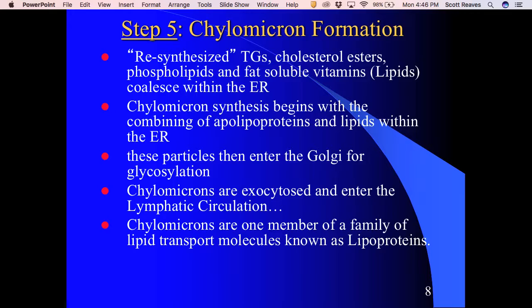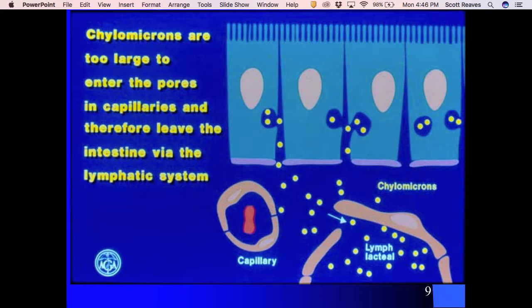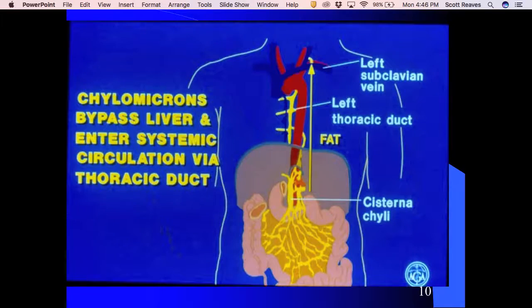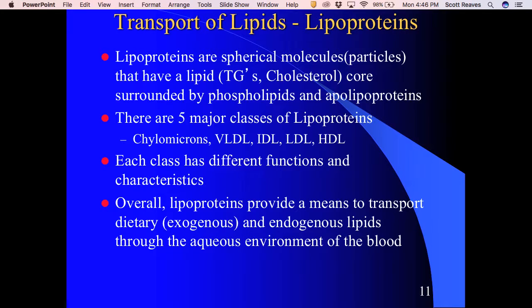So other members of that family include HDL and LDL. So chylomicrons are part of that. And that'll be our next step when we go through that. Good there? Okay. And I showed you these before, right? So you've seen those. Okay, so that's the end of the 5 steps of lipid digestion and absorption.